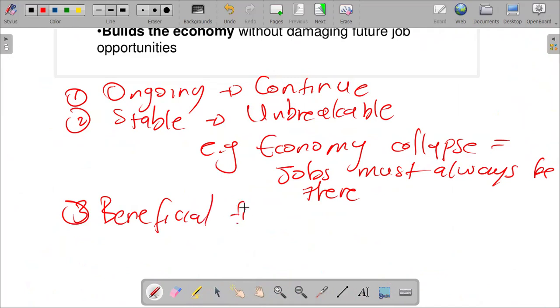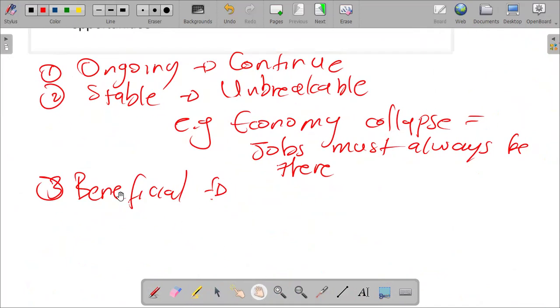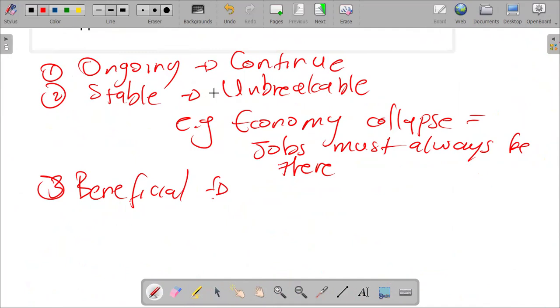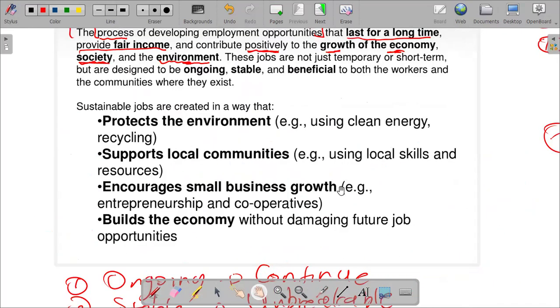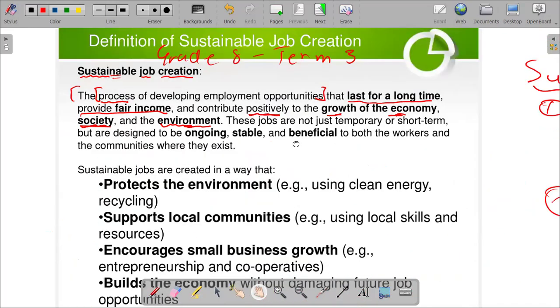What that means is, basically, what are people getting out of these jobs? So the question that we want to ask is, what are people getting out of these jobs? Remember, as we went up, we talked about things like the opportunities.